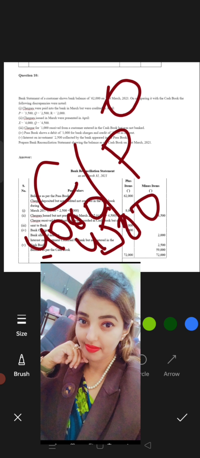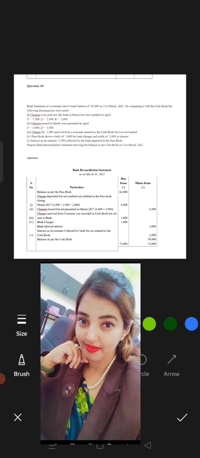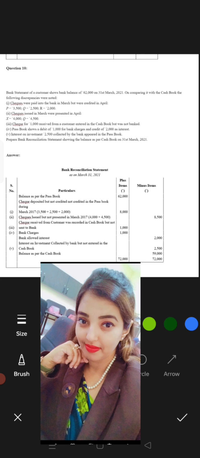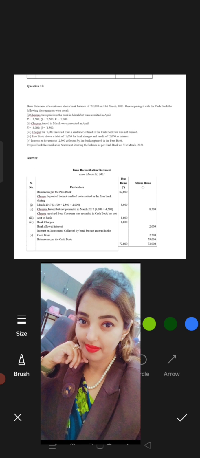So you are preparing for March, but deduction will be done next month in April. So we'll be following whatever the cash book does. कैश बुक ने माइनस किया तो पासबुक में भी माइनस होगा. So 8,500 will be recorded in the minus column. So this transaction will be minus.